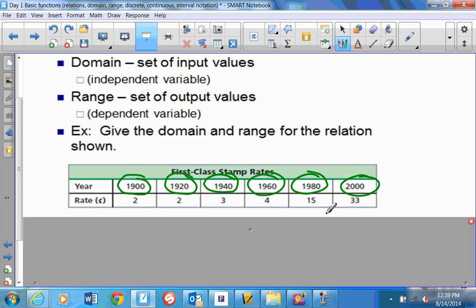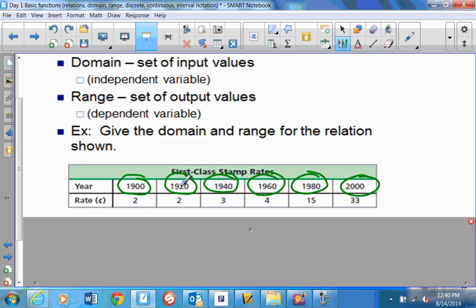So is this discrete or continuous? Are we measuring any years between 1900 and 1920? It stayed the same between 1900 and 1920.